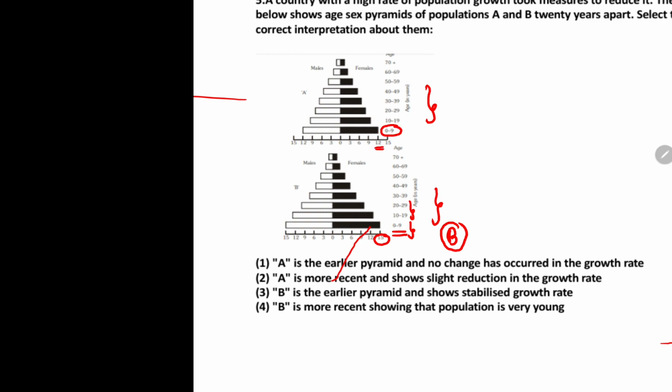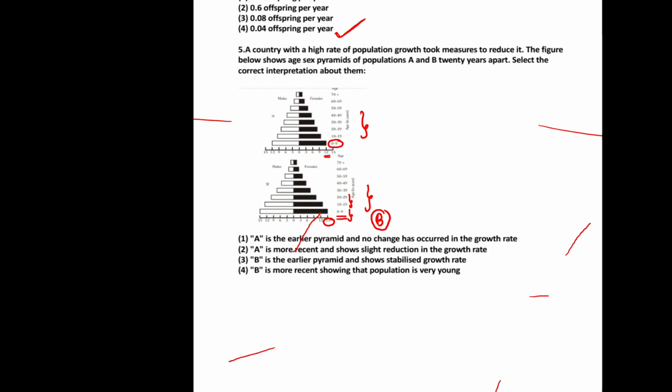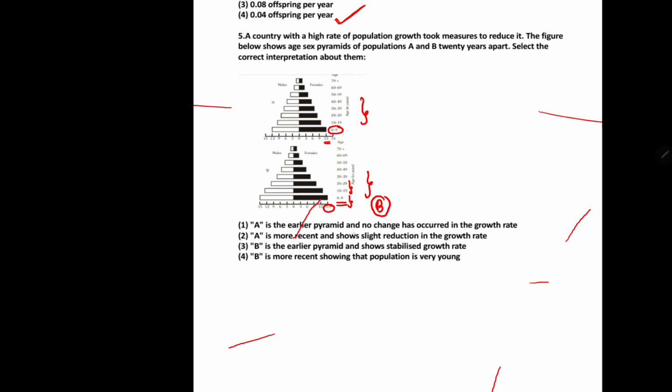Yes or no? So this age sex pyramid is saying B is the earlier pyramid, not A. After taking measures, it changed into A, as the birth rate decreased. So no change cannot be the answer. A is more recent, with a slight reduction in growth rate. Yes, this is true, so the second is the right answer.